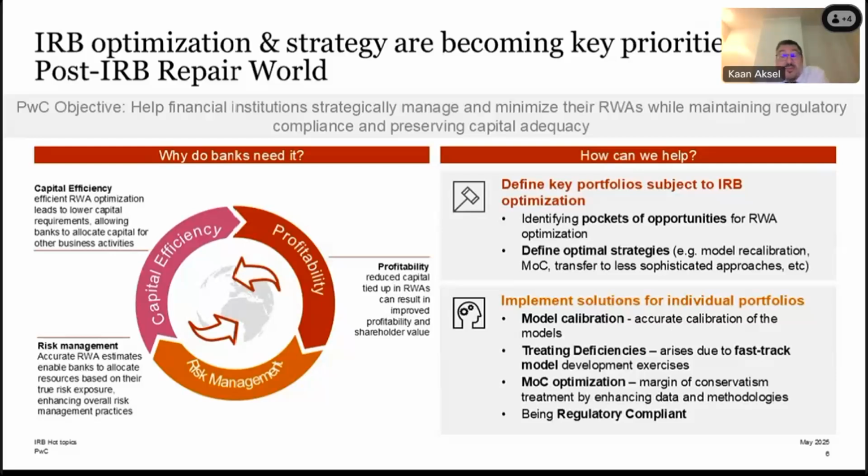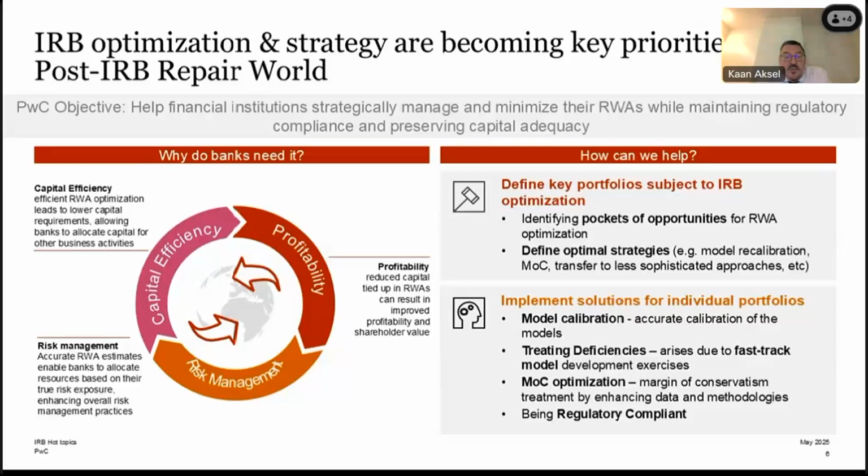We now have the option to permanently go back to the standardized approach for at least 20%, or, in a given asset class or certain asset classes, completely move back to the standardized approach, which wasn't possible in the past given the requirements in place.